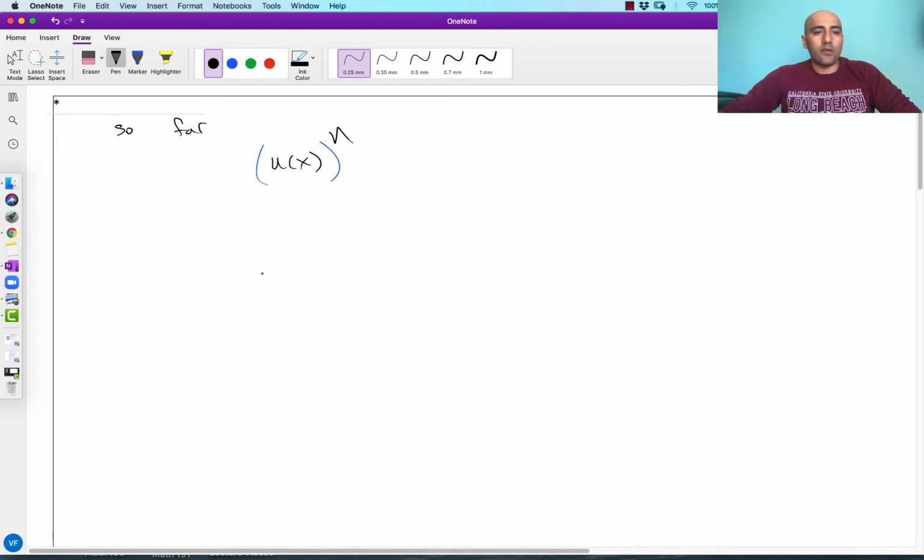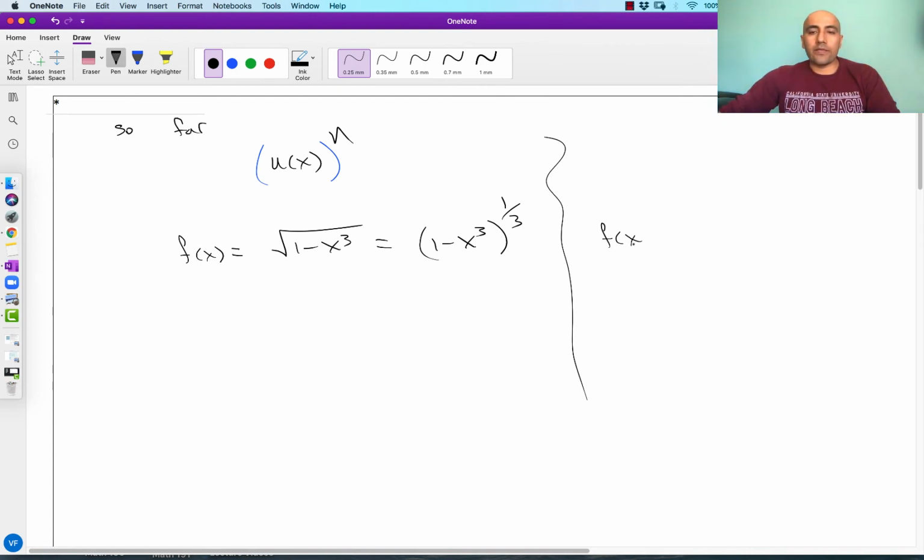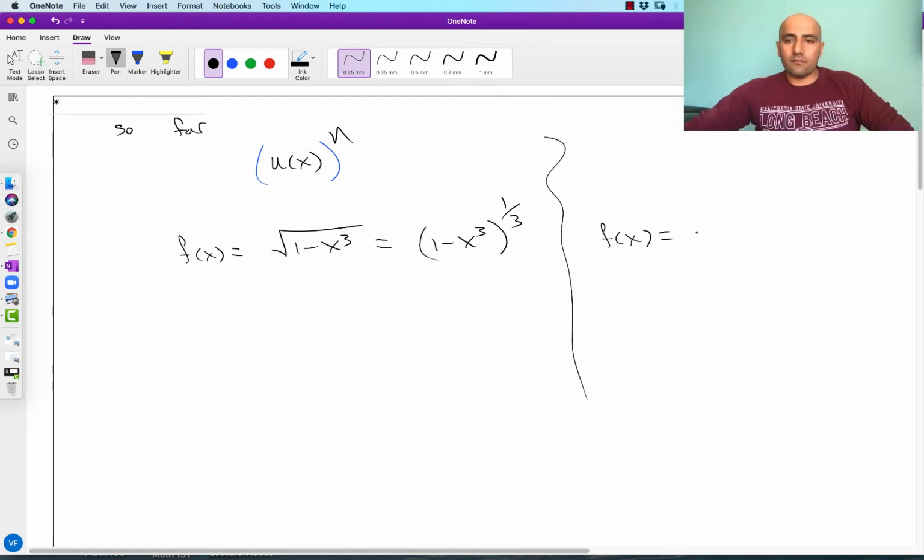So for example, we were able to do something like this. Square root of 1 minus x cubed, and we're like, okay, well, this can be rewritten as 1 minus x cubed raised to the power of 1/3, right? Again, with this raised to a power thing. But what if the question we want to work with is something like this? e to the power of this ugly polynomial, right?